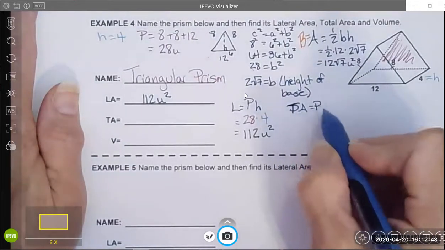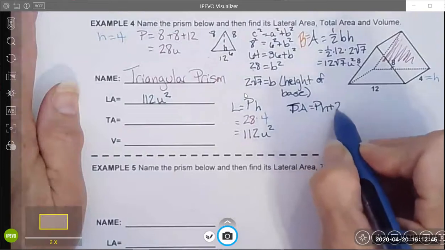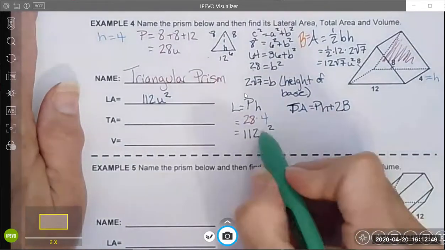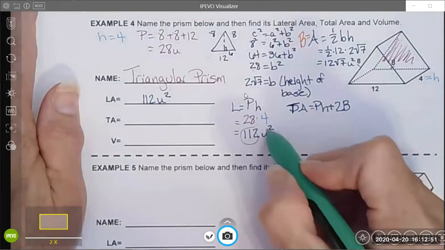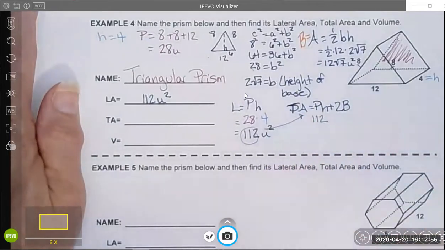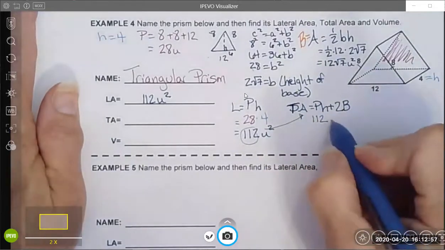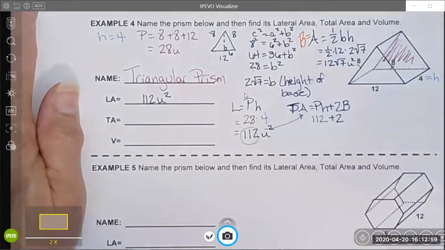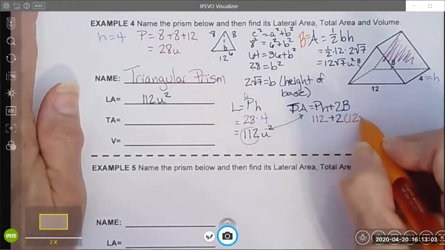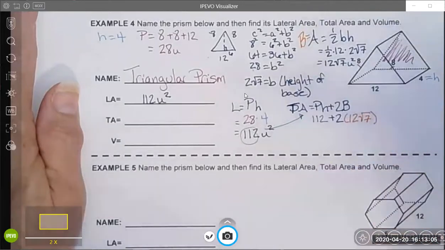Is the perimeter times the height plus 2 times the area of the base. Well, we already calculated the P times H, so I'm just going to substitute this in so that I don't have to do that calculation twice. I'm going to add to that 2 times the area of my base, which in this case is 12 square root 7.